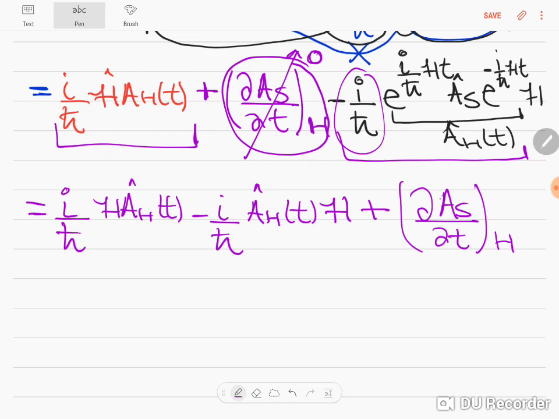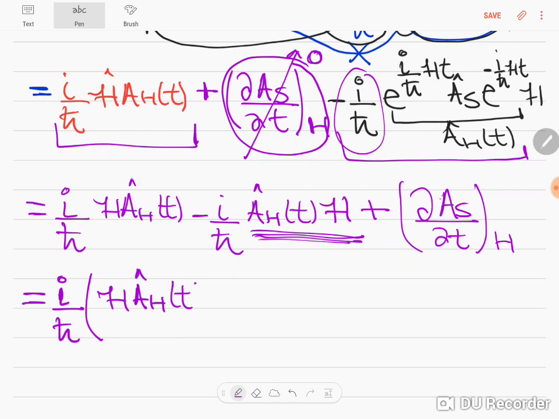Now what you can see here is that the second term is pretty much a commutation of the operator shown in the first term. So we're going to write it in the following way. First, i over h bar, in parentheses, H times A_H of t minus A_H of t times H.